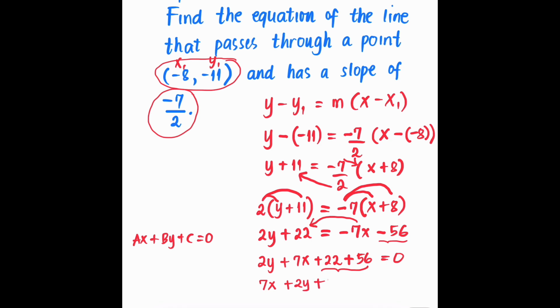So plus 78 equals 0. And that is the equation that we're looking for, equation of the line in general form. And this line actually passes through the point negative 8 comma negative 11 and with a slope of negative 7 over 2.